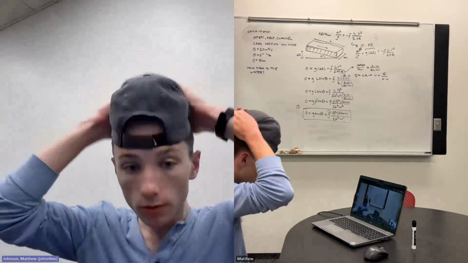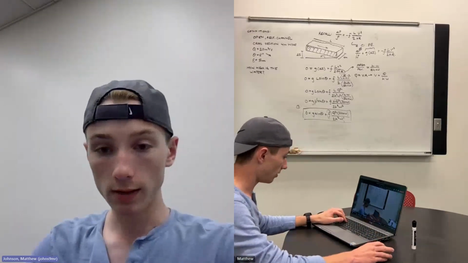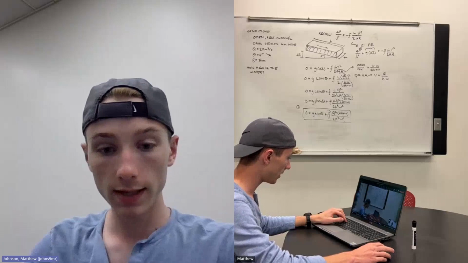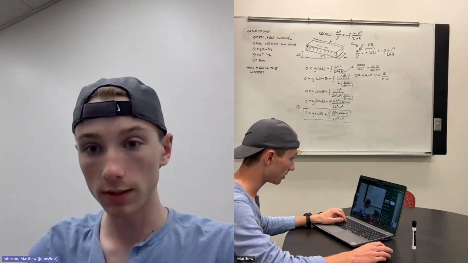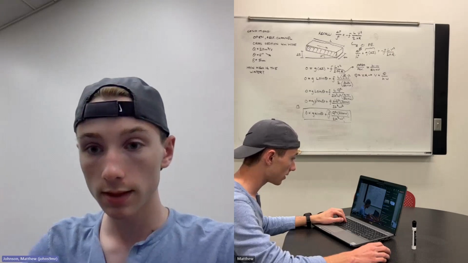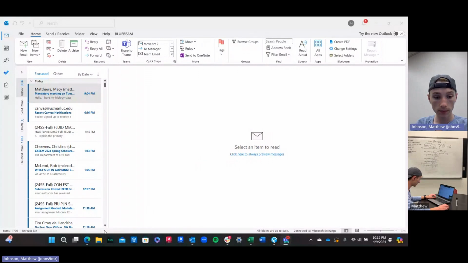Okay, so what is this Colebrook-White equation that we're going to be using? Well, I've gone ahead and Googled this. Let me share my screen with you as well so you can see this. Okay.